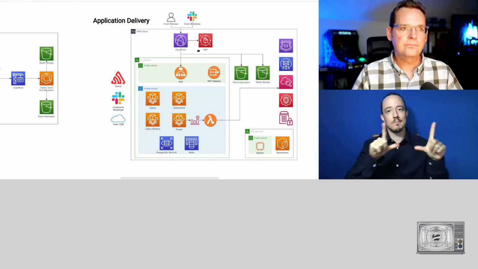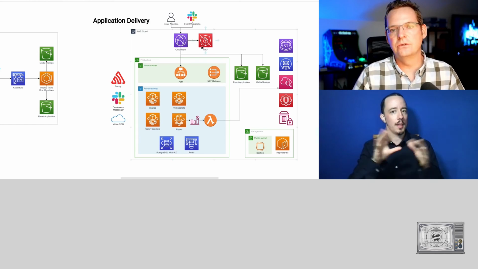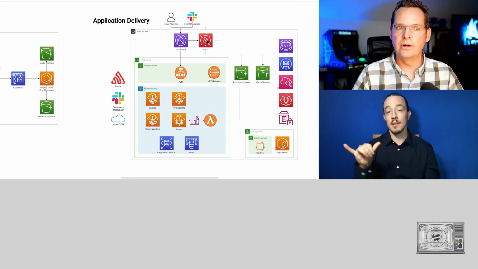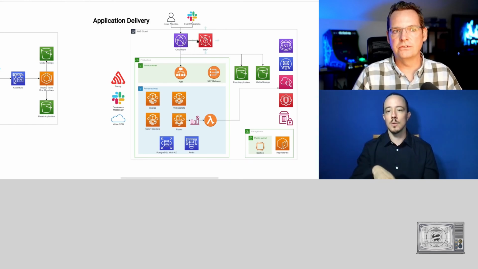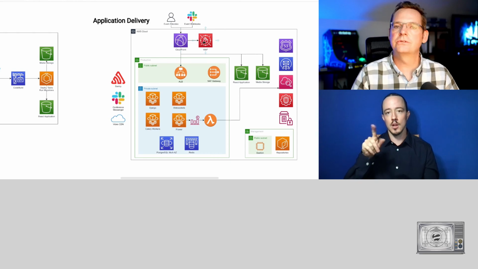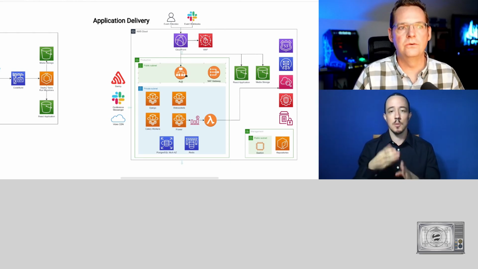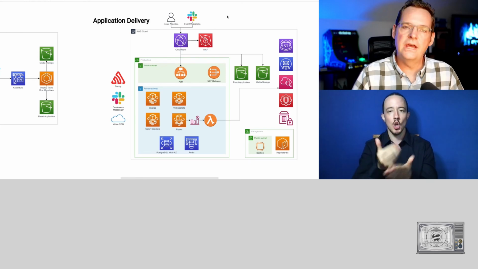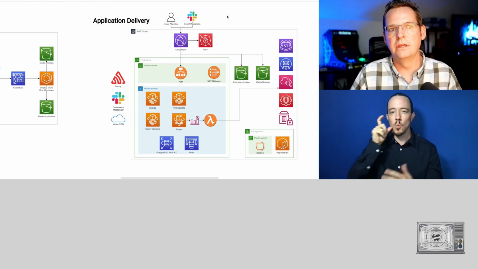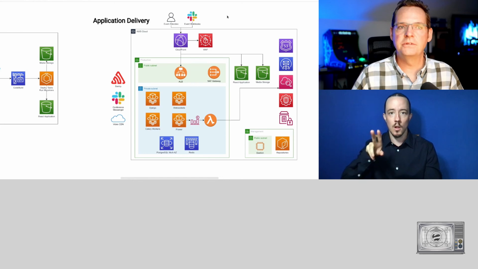Another nice feature to add into your applications is a web application firewall. Up here, CloudFront can talk directly to the web application firewall. So before any malicious requests even get down to your load balancer, that WAF can determine whether it's a SQL injection attack, or basically we just deploy the common OWASP Top 10.